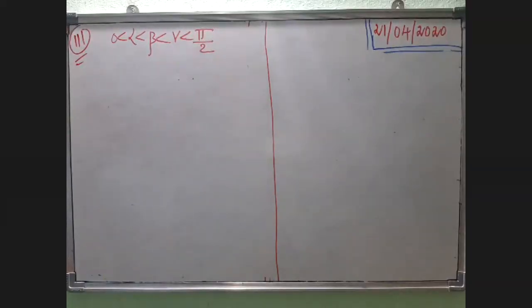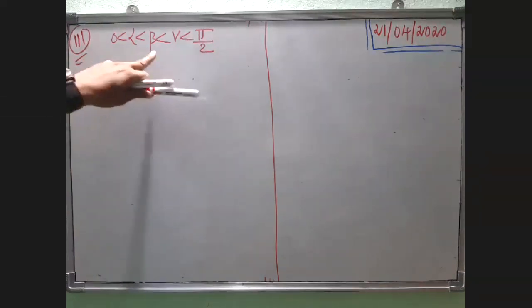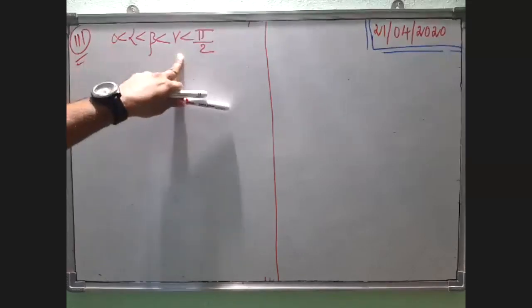Given that the three angles alpha, beta, gamma are in the first quadrant only because they are lying in between 0 and pi by 2. And which is the least angle here? Alpha is the least angle. Beta a little bit bigger. Gamma a little bit bigger.